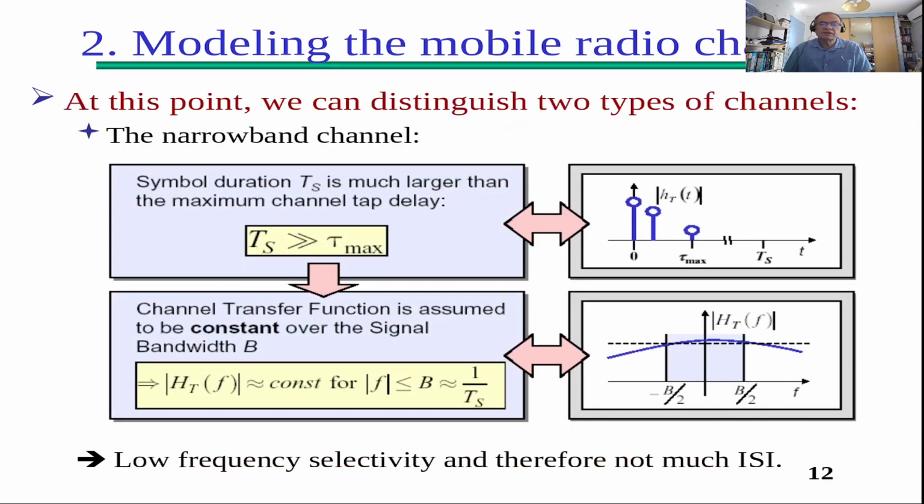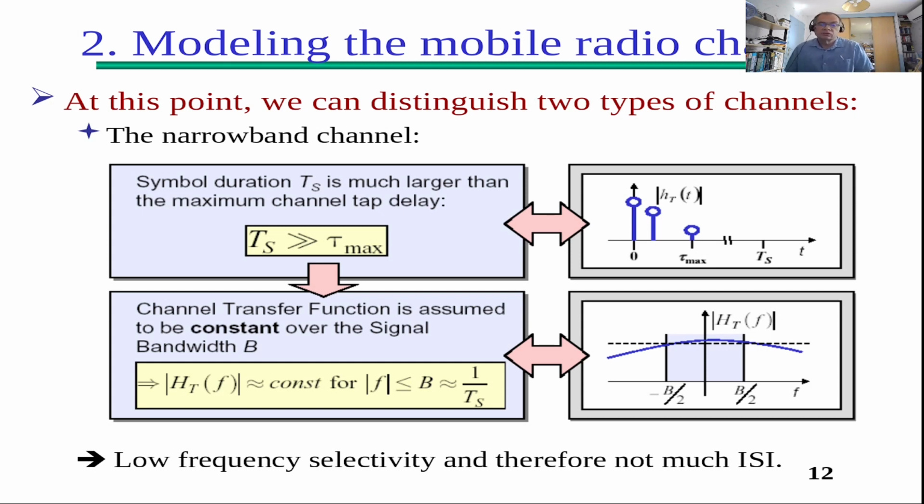So at this point, we can distinguish between two types of channels. The first one is the narrowband channel. We suppose that we transmit digital data with a symbol duration of TS, and in this case TS is much larger than tau max.